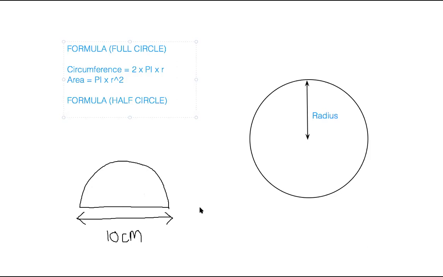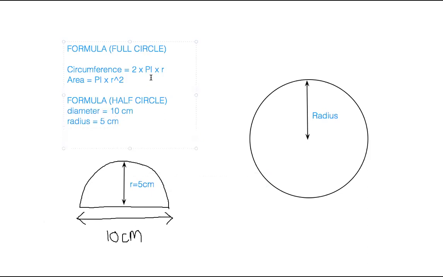Okay, this is the diameter, correct? Why? Because it's the whole length, right? So if the diameter that you have here is 10 cm, what is your radius, Alicia? 5 cm, correct. Very good. So actually your radius is 5 cm.